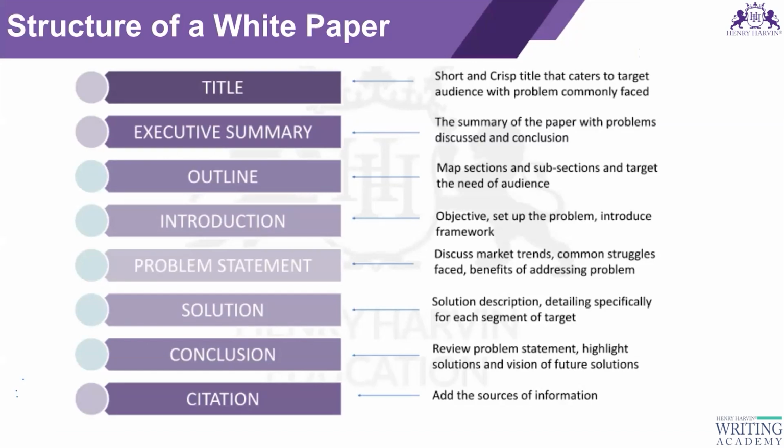For example, interviewing customers, or using some online data analytical tools, right? Primary sources, secondary sources, you've done some polls, some questionnaires, right? So what was the method used to get this information? Then your problem, your solution, conclusion, and finally citation. The citation is more like giving sources of information.